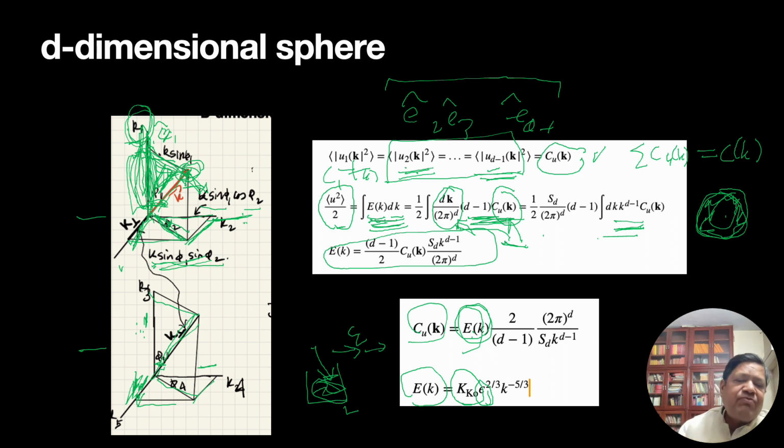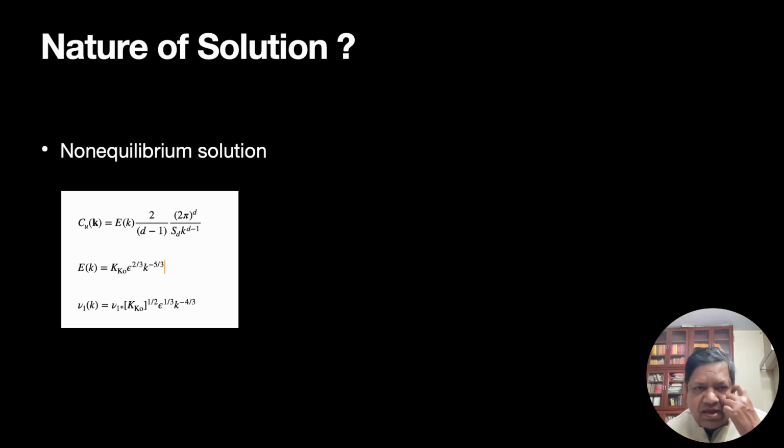Okay, so this is the framework, and we look for situations when this 5/3 is a good solution of our equations. Now, on the nature of solutions, we expect two kinds of solution.